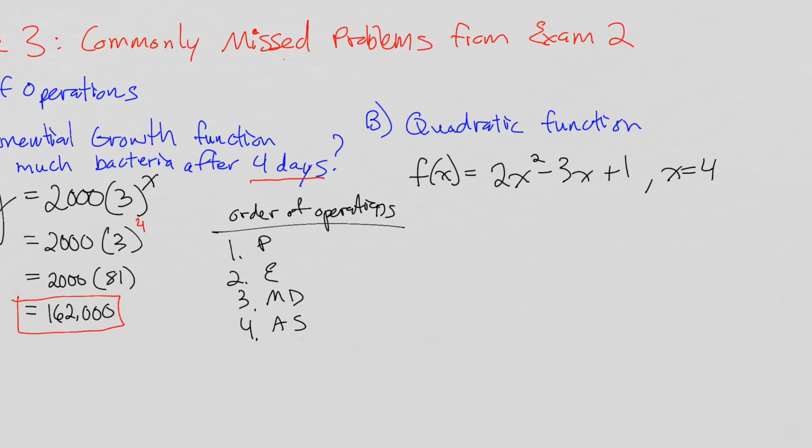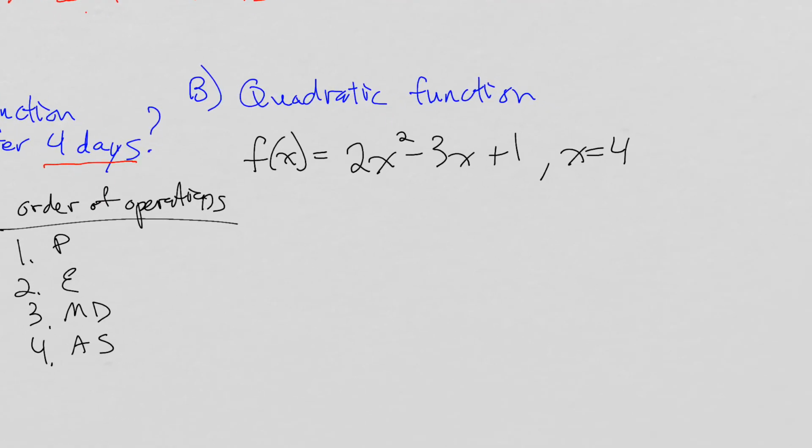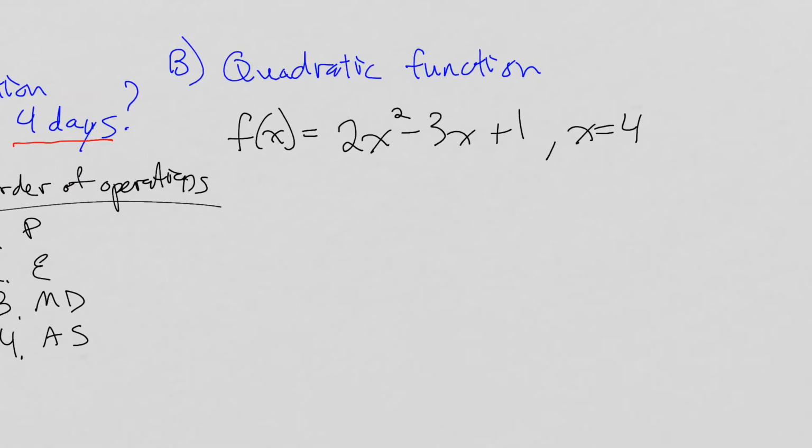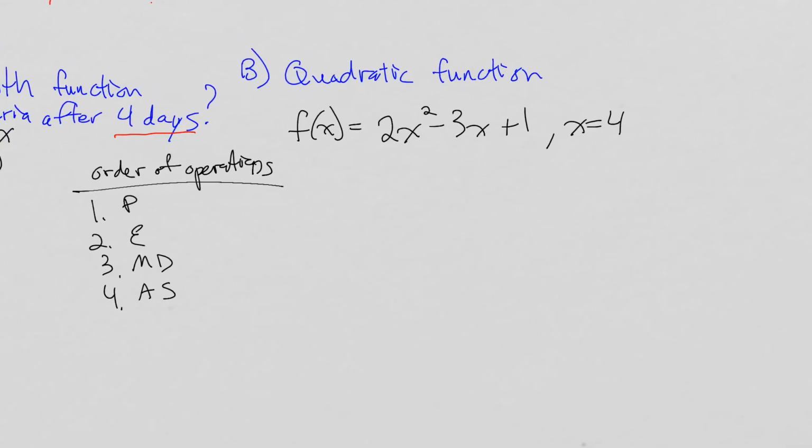So let's take a look at quadratic functions. Again, we're going to do the same thing and use order of operations. In this case, x equals 4 just means that we're going to do f of 4.